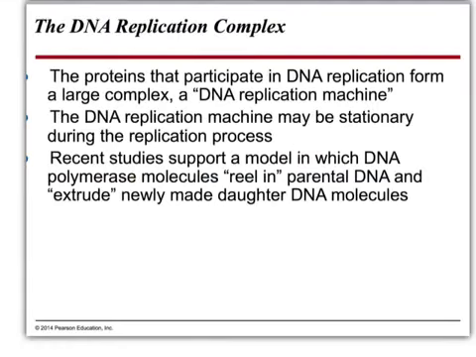Okay, so really what you have, I've sort of broken it up into what happens along the replication fork. That's not really what happens inside the cell. Inside the cell, all these proteins are sort of jumbled together, and they form what's called a replisome.